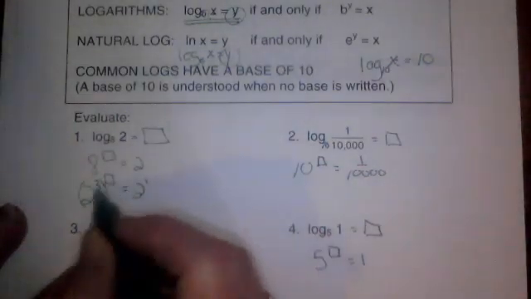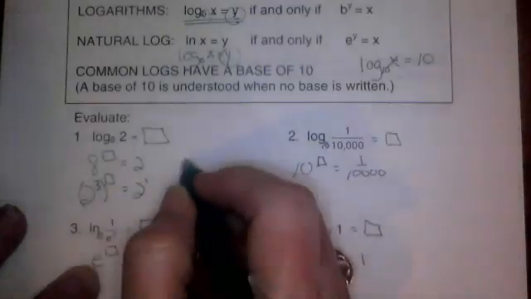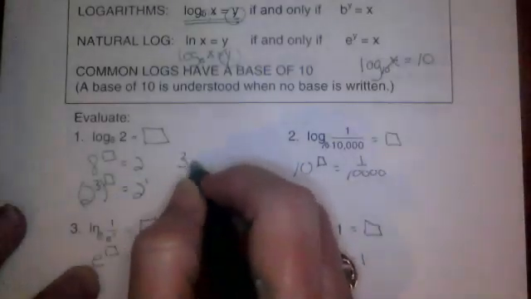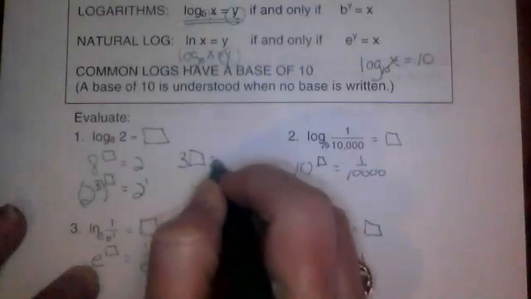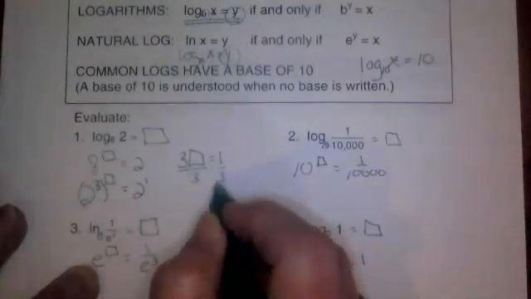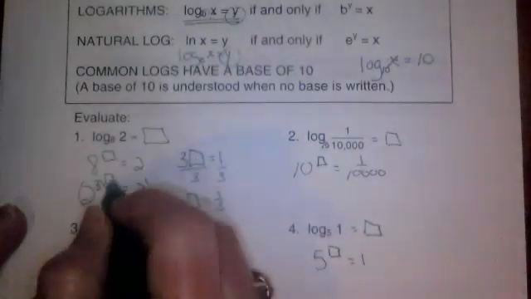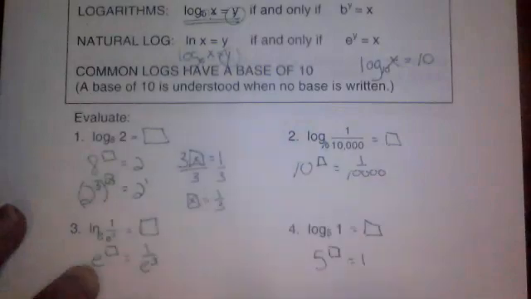Well, a power to a power we multiply, and we can drop off the bases. So we'd have 3 times some number equals 1. So if I divide by 3, then I get 1/3. So let's just say this is an x. Solving for x is 1/3.